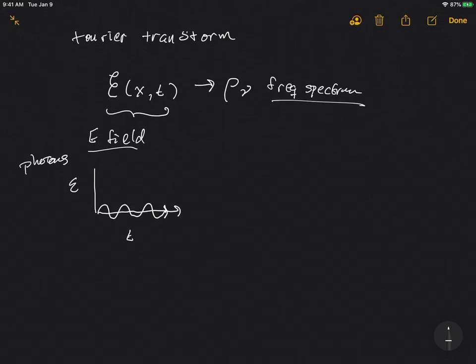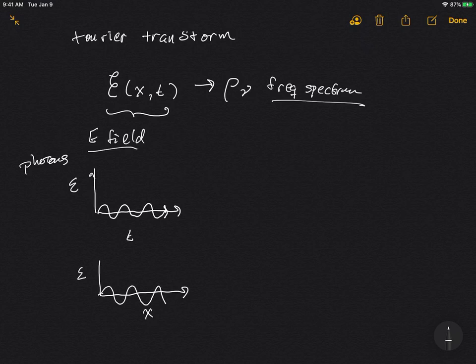That would be the electric field at a particular position, at a fixed position, propagating forward in time, or we can take a snapshot of the electric field at a particular moment in time, and at least in principle we can do that and measure the electric field as a function of position.